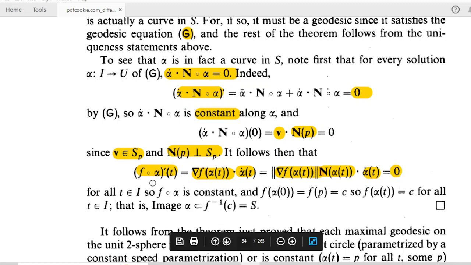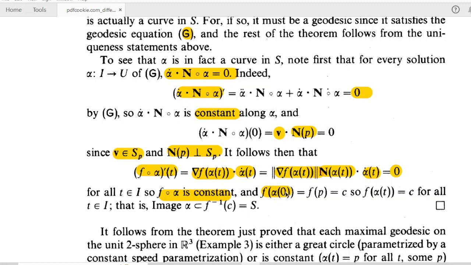So we get f composed with alpha dash of t equal to 0, hence f composed with alpha is constant. So f of alpha of 0 is also constant.